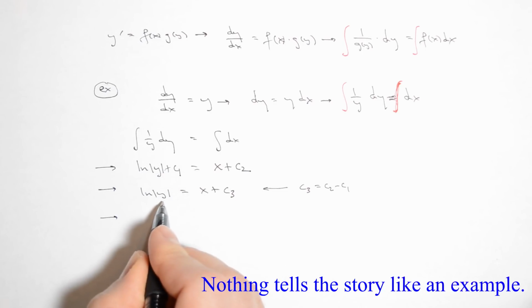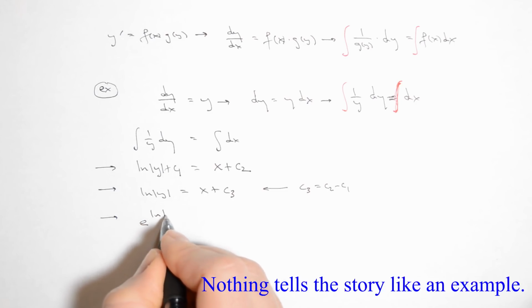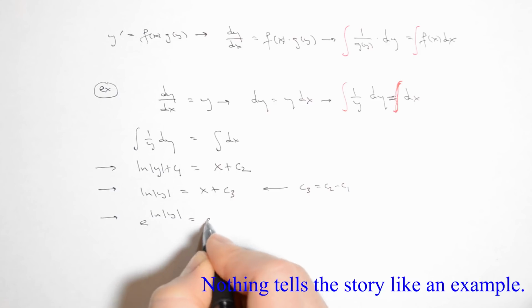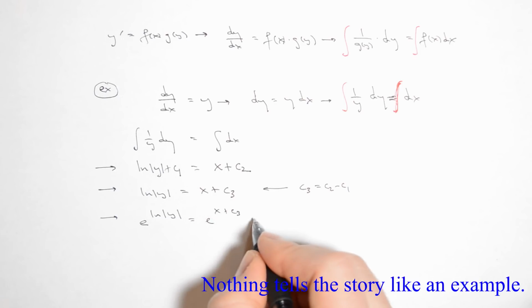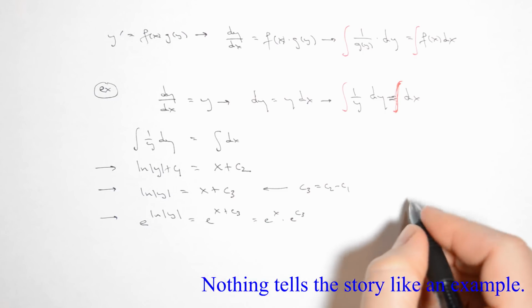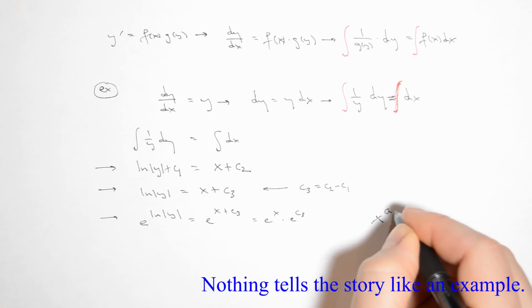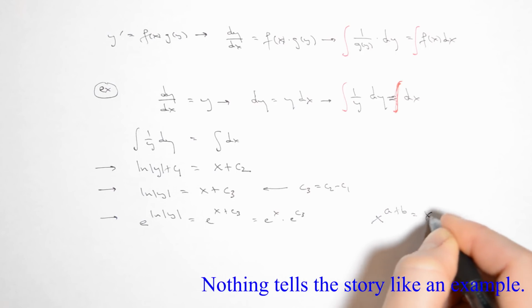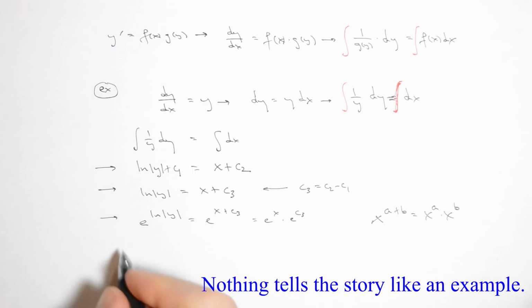How do I find y by itself? Raise both sides to the power e. So e^(ln|y|) = e^(x + c3). This, with the exponent, becomes e^x times e^(c3). You will recall that x^(a+b) is x^a times x^b, an exponent rule from algebra.